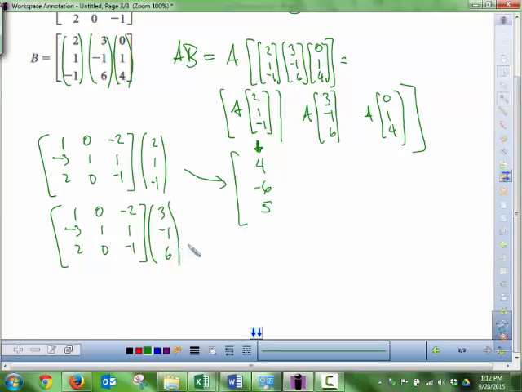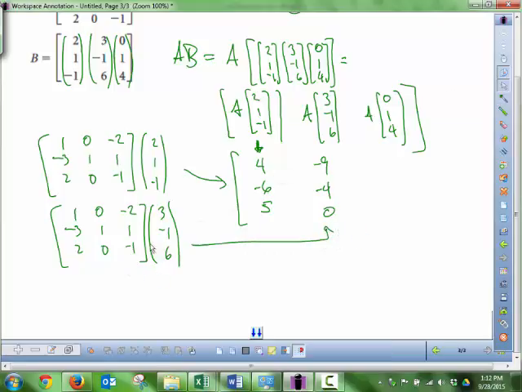So that's negative 9. Negative 3 times 3 is negative 9, minus 1, negative 10, negative 10 plus 6, negative 4. And then 6, 0, minus 6, so looks like the last one's going to be 0. All right, so that's the second column, and then we could do one more.